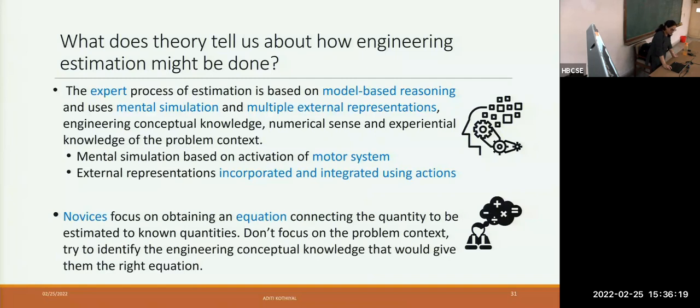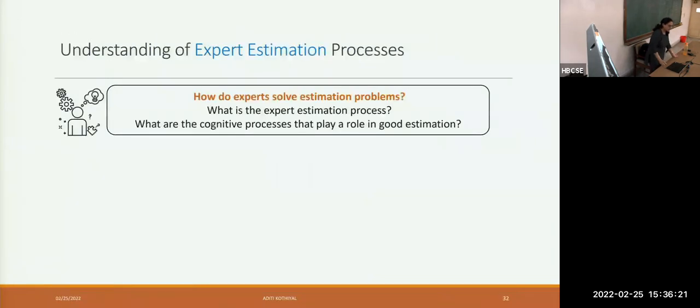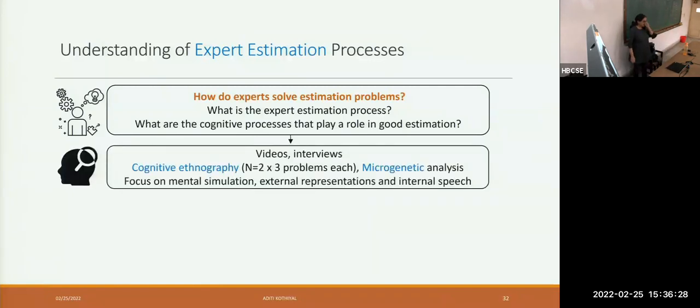So to do this, we ask the question, what is the expert estimation process? What are the cognitive processes that are there? The way we did this was that we did what are called cognitive ethnographies. These allow us to identify how experts make sense of things, how they do things, what the cognitive processes underlying are, and we really zoomed in on smaller episodes of what was happening.